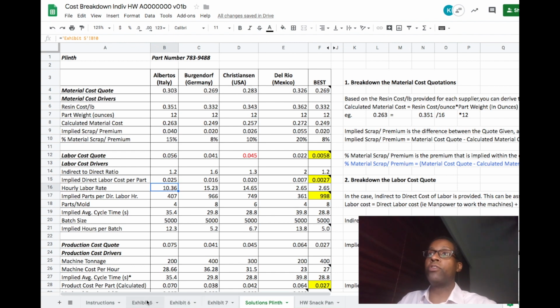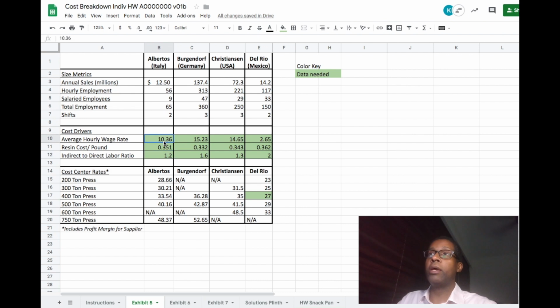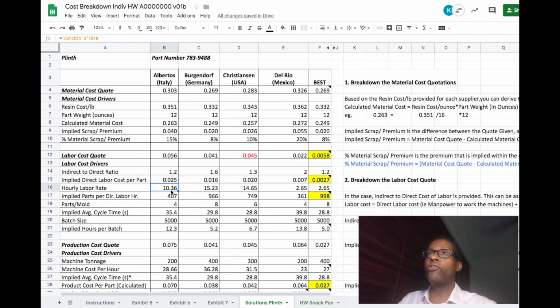Now, here again, it's interesting. Alberto's has a medium level rate. Look at Del Rio, 2. Wow, Germany, 15. This should really throw us some numbers here as we go through this. But in the case of Italy, 10. The implied parts. Now, for us to get this, we need to get the implied direct labor and the hourly labor rate.